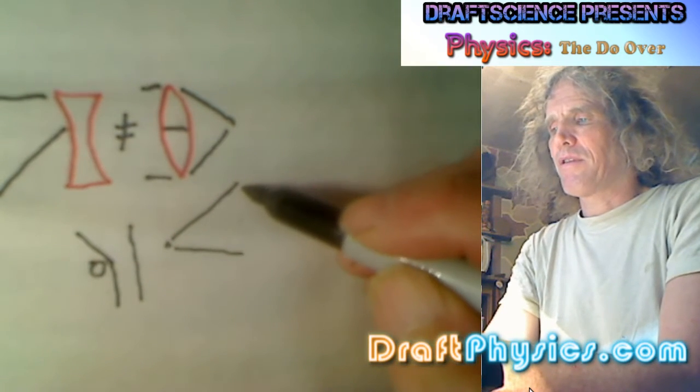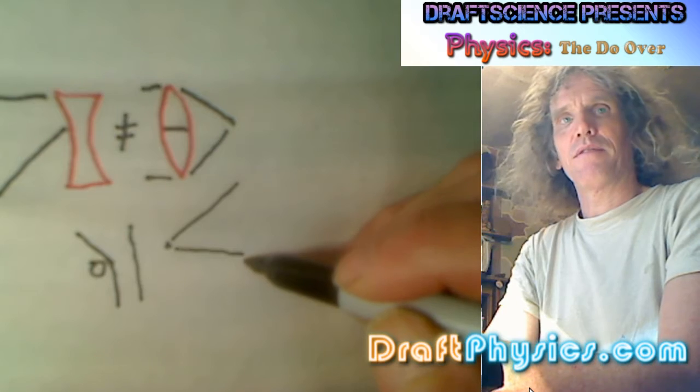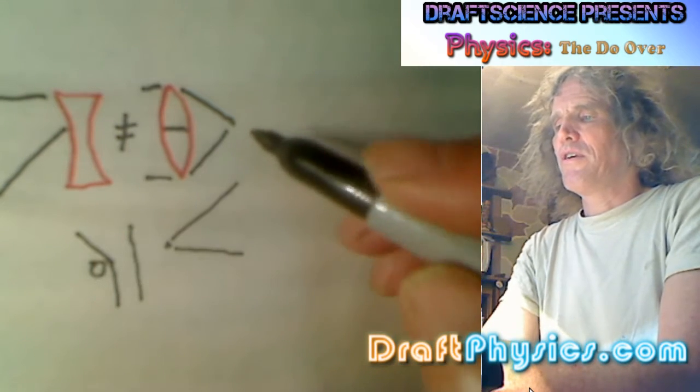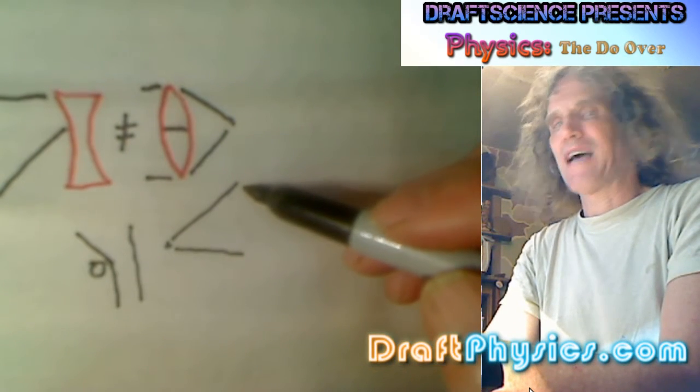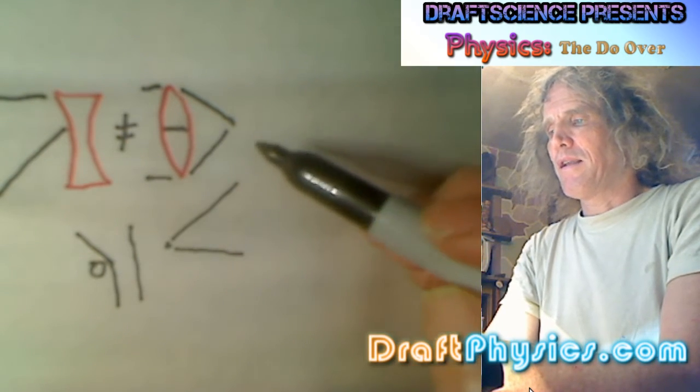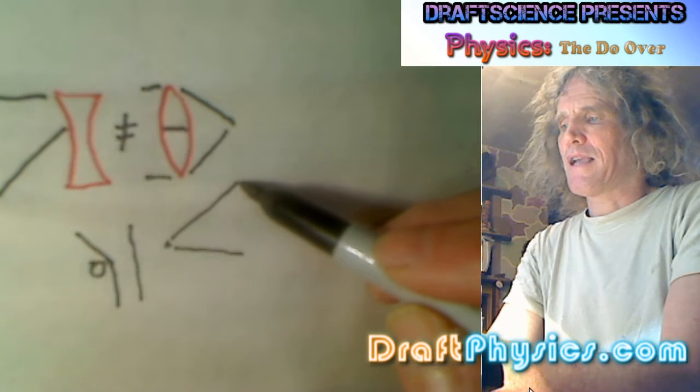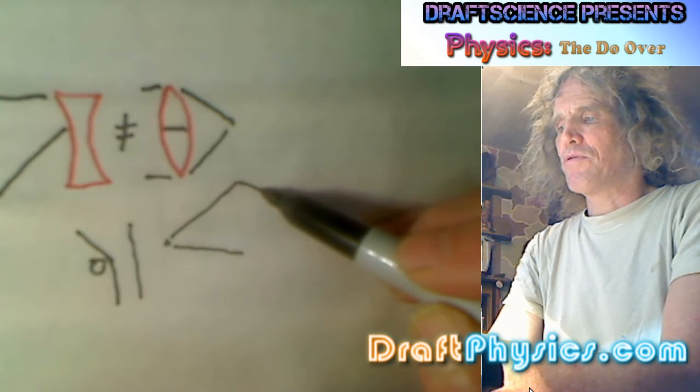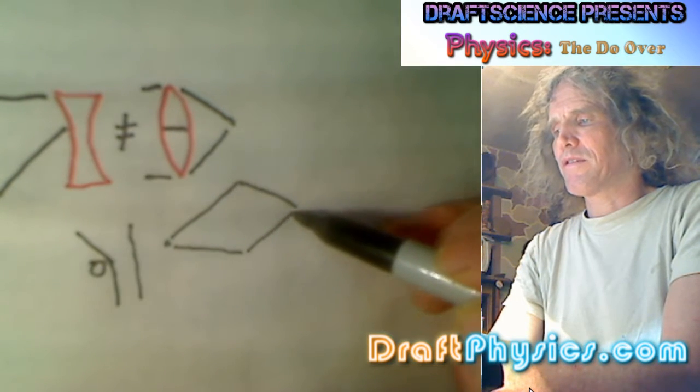You're trying to capture the light, and gravitational lenses are huge, hundreds of thousands of light years and such, really big lenses, and you need the highest angle light to bend the most to come down to a new focus.